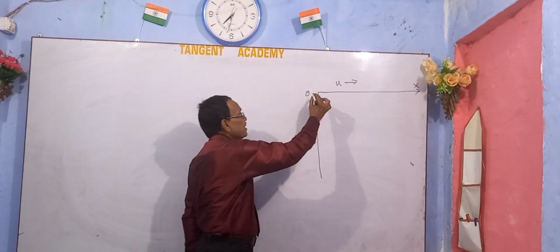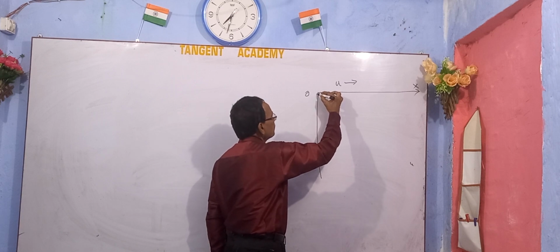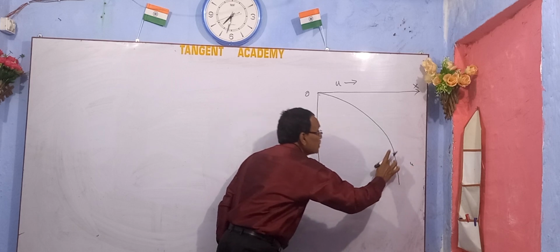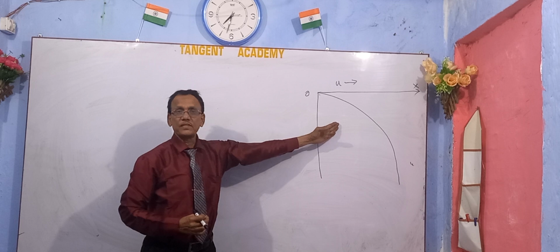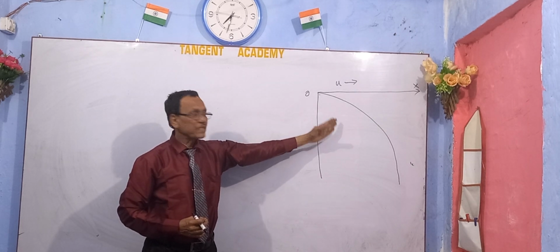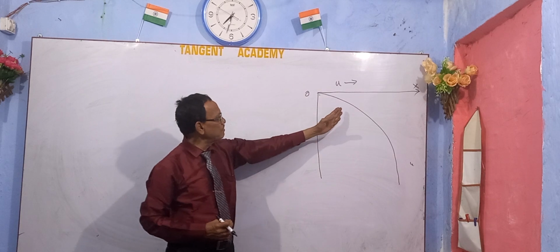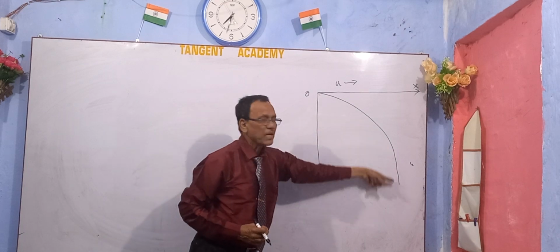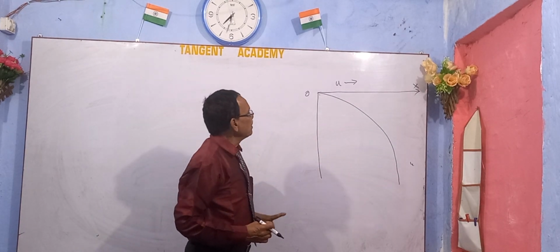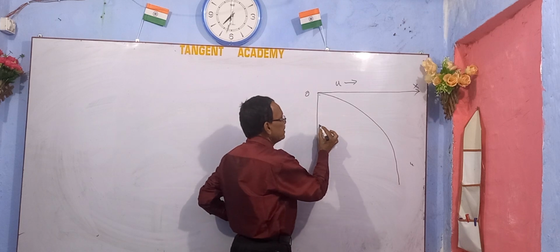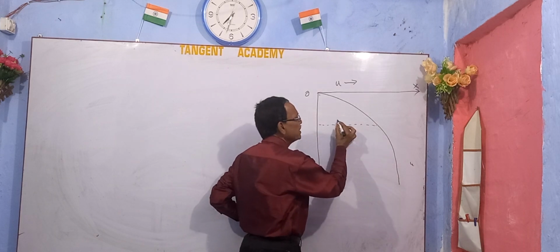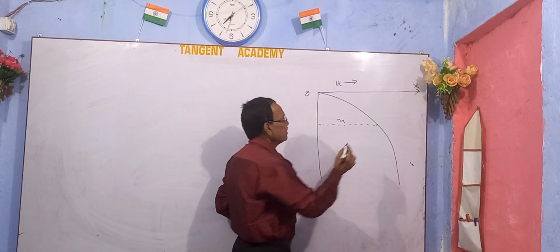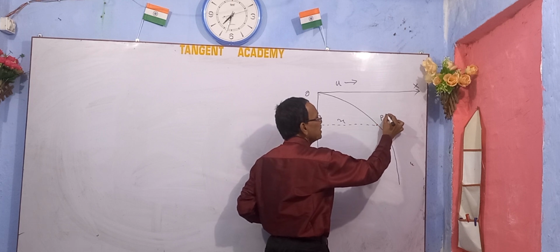The projectile thrown covers this type of path, which will be a parabolic path. Further, I will discuss parabola, which will cover the parabolic path. Let us suppose at any instant, after covering horizontal distance x, it attains after a time t, reaches point P, whose coordinates are x, y.